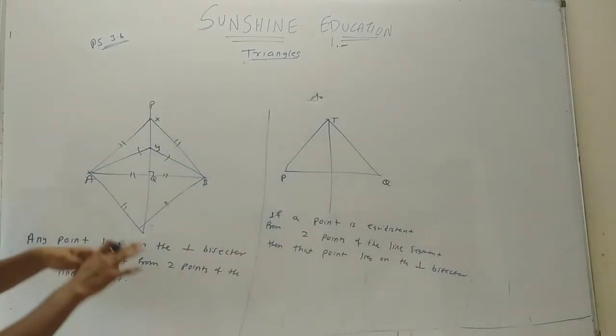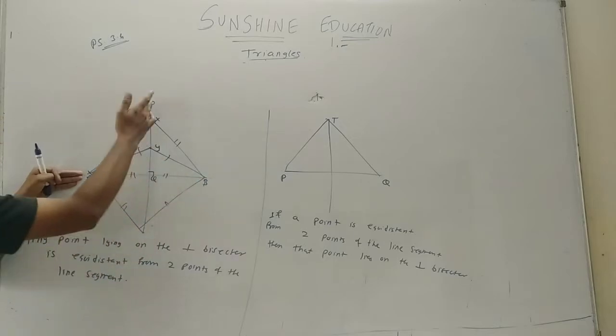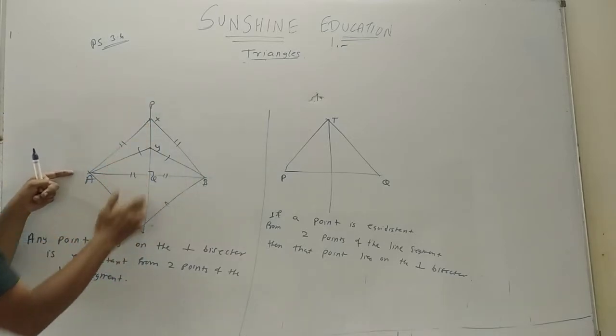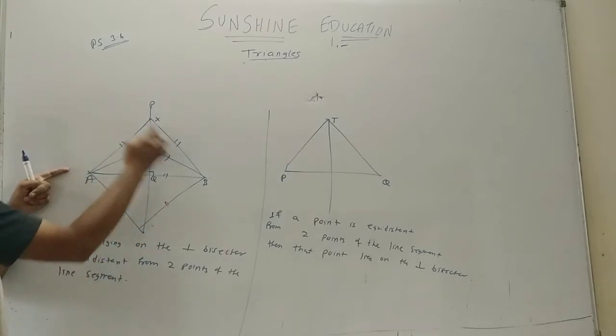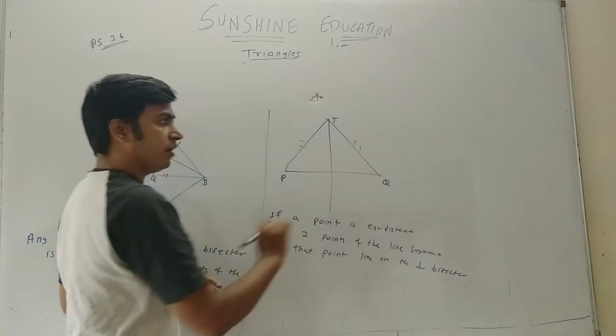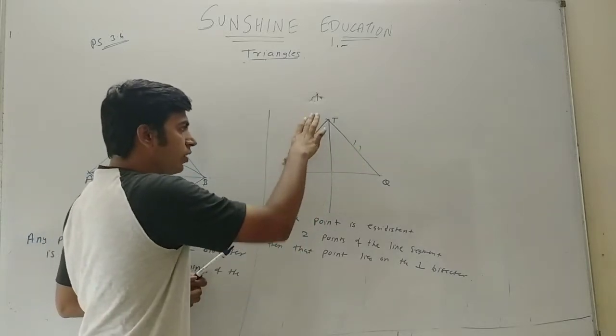Okay, try to remember this. We have a line segment and we have a perpendicular. Then the points are equal. First of all, the points are equal. This point is equidistant from P and Q.